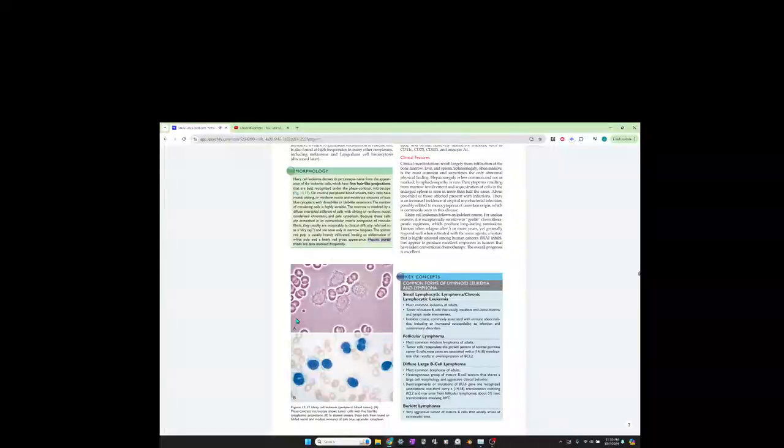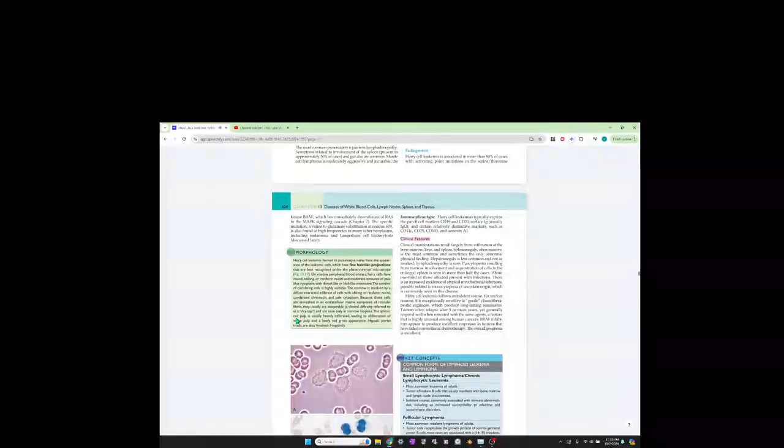Hepatic portal triads are also involved frequently. Immunophenotype. Hairy cell leukemias typically express the pan-B cell markers CD19 and CD20, surface IG, and certain relatively distinctive markers such as CD11c, CD25, CD103, and annexin A1.